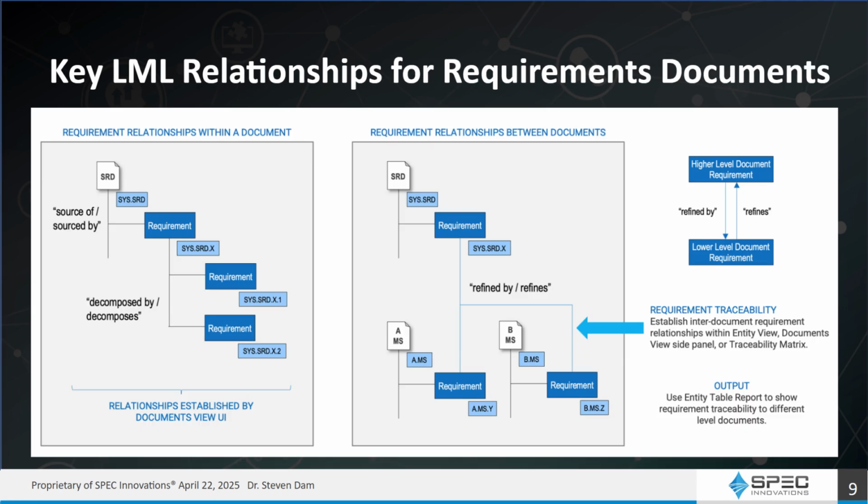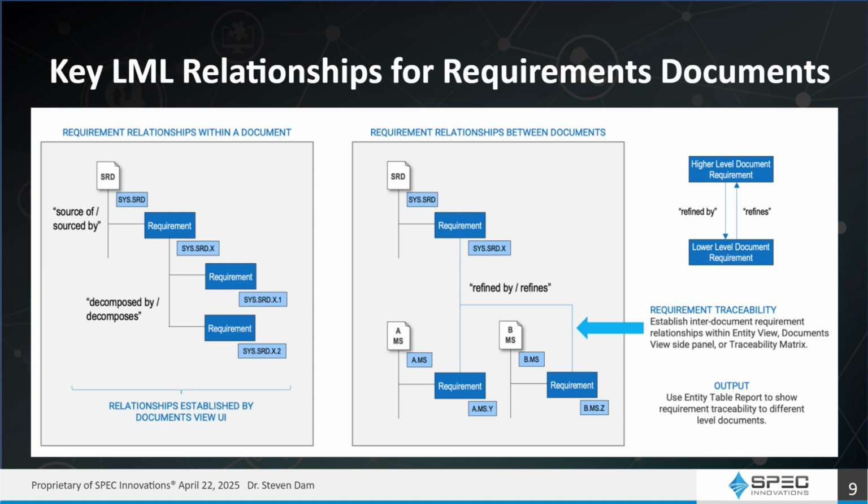So some of those key relationships, this is something from one of our training classes, by the way. This is showing within a document. You start with that top level, and we're indicating a systems requirements document might be the place you start. That would be the artifact. The relationship to the statements and requirements is source of or source by.